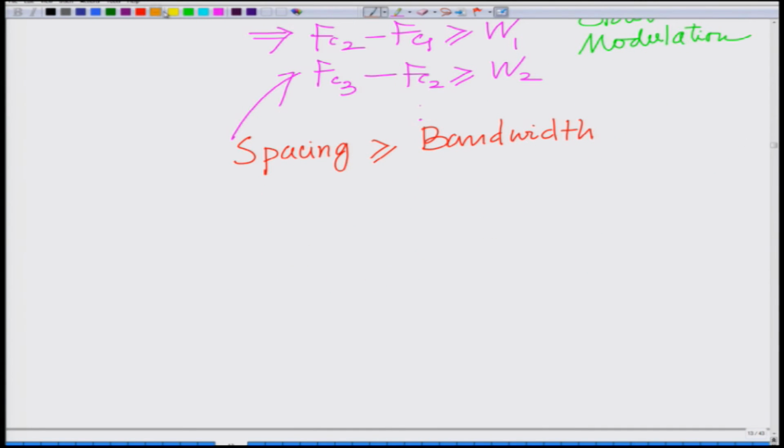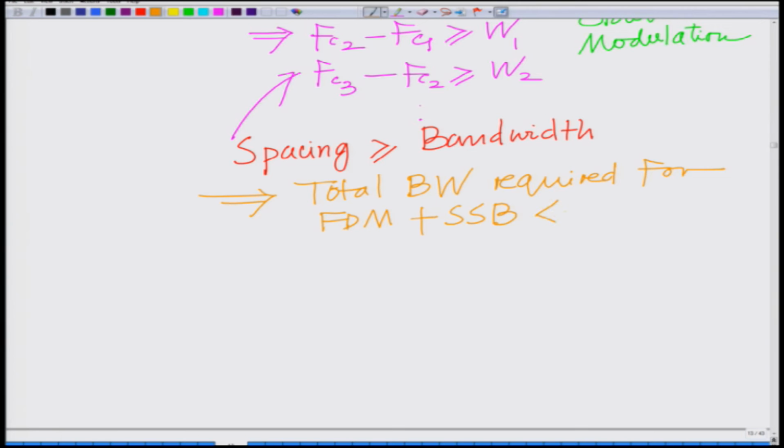Therefore, the total bandwidth required for FDM plus SSB, that is frequency division multiplexing with single sideband modulation, is much smaller than the bandwidth required for FDM plus DSB. In fact, FDM plus SSB requires half the total bandwidth of FDM with DSB, similar to the advantage of SSB over DSB.